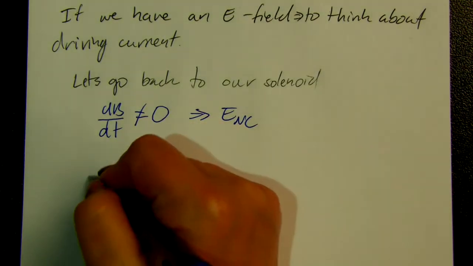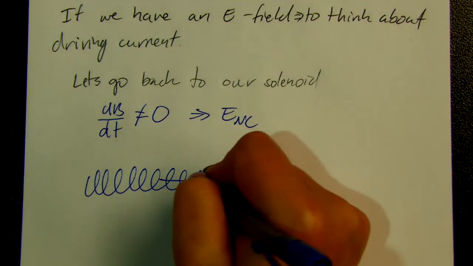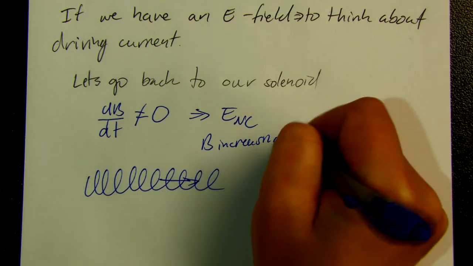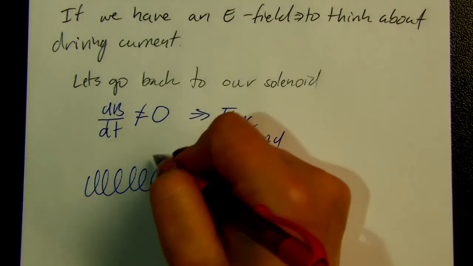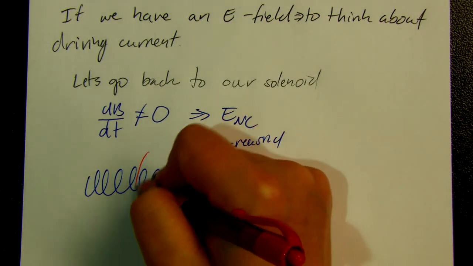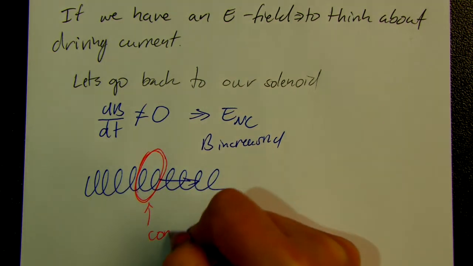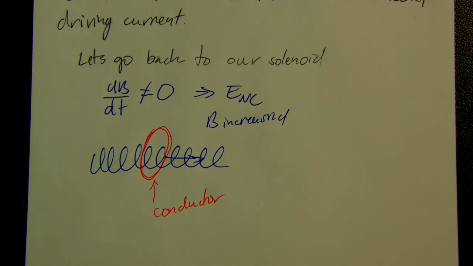And so what if in this time-varying field around the solenoid, so we've got B increasing, what if we placed a circular conducting ring around the solenoid? What would happen to it?